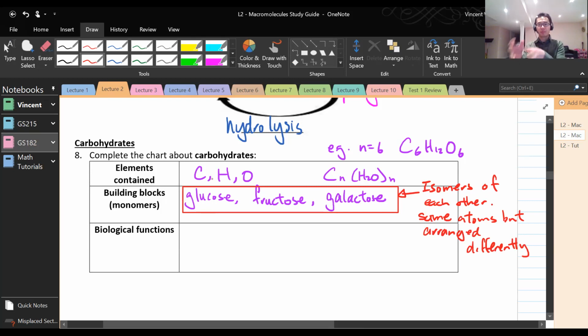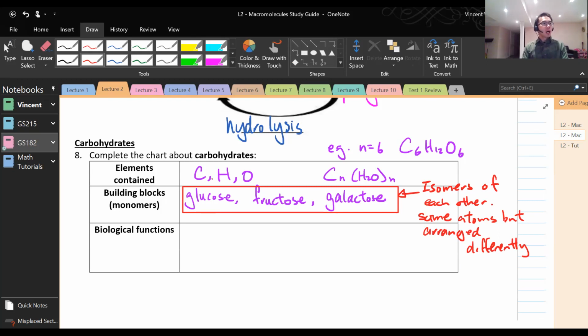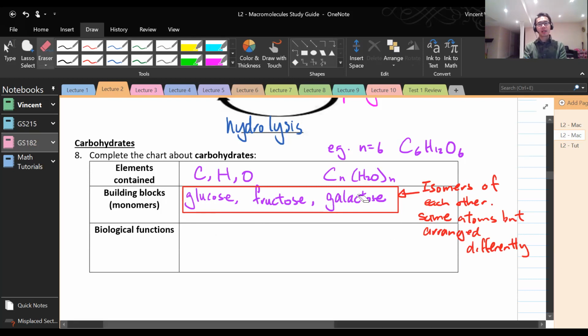You can build a car, you can build a ship, you can build a plane. They look different, but they're made up of the same building blocks. Tyler asked, would monosaccharide be an acceptable answer? Yeah, monosaccharide is the general term for these building blocks. But if I ask for specific examples of monomers, then I would prefer you to include these ones.